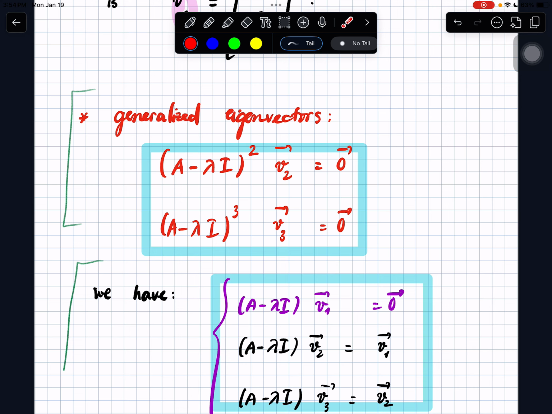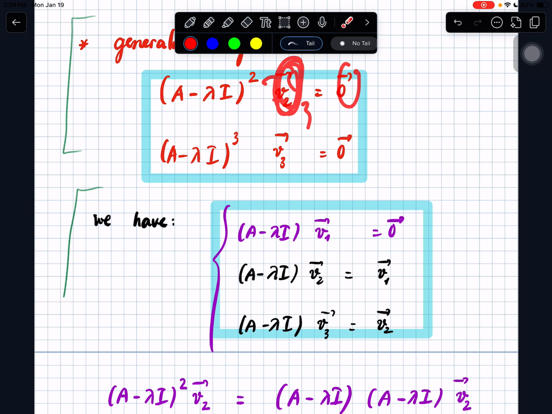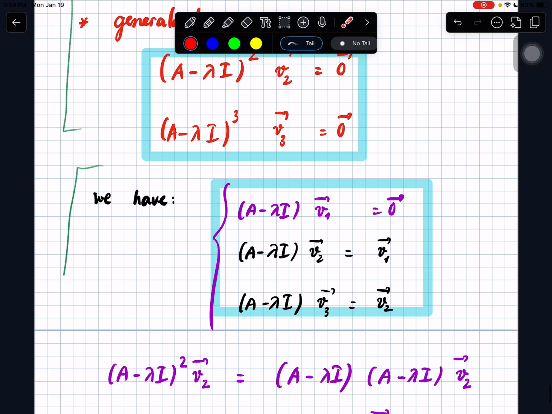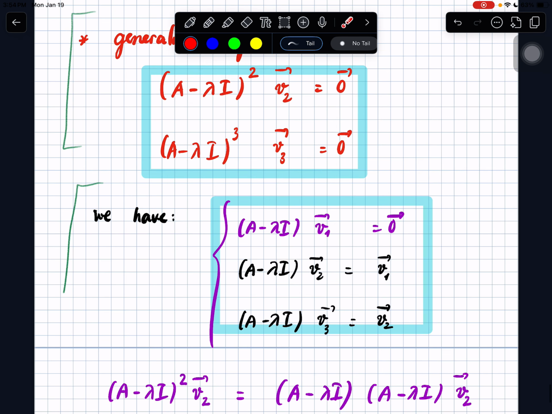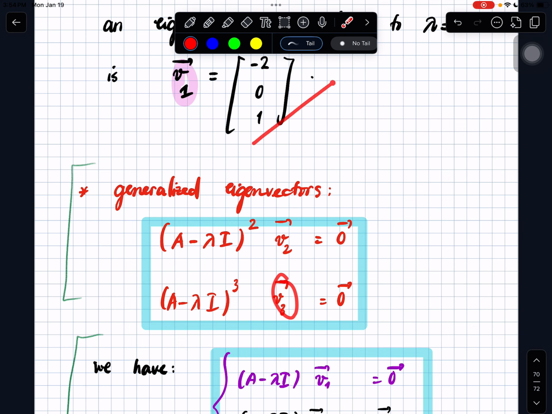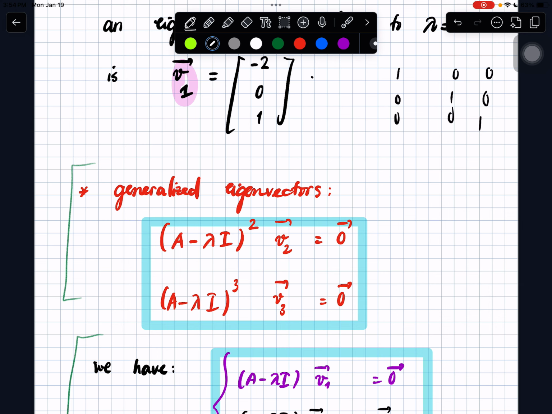Second, we do not want v3 to be in the null space of this matrix, because then the chain will stop right there. One easy way is to choose v3 independent from that. There are three possibilities, say (1, 0, 0), (0, 1, 0), (0, 0, 1). You can choose any one of the three.